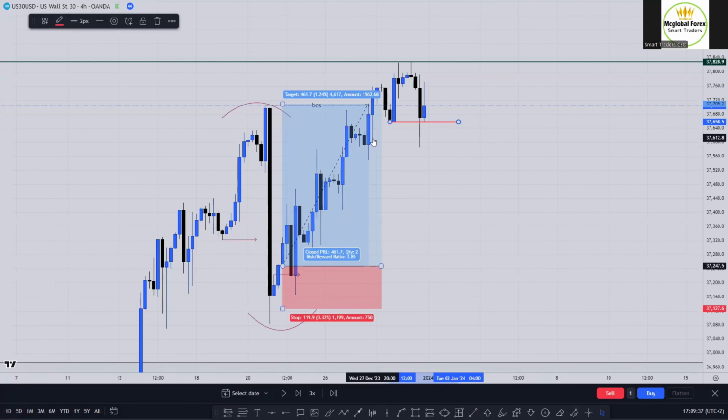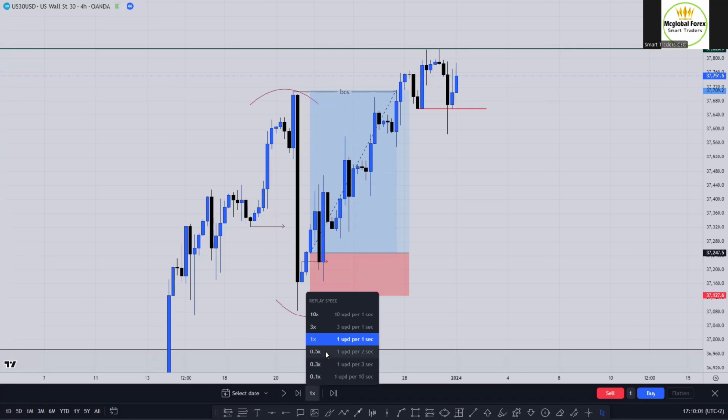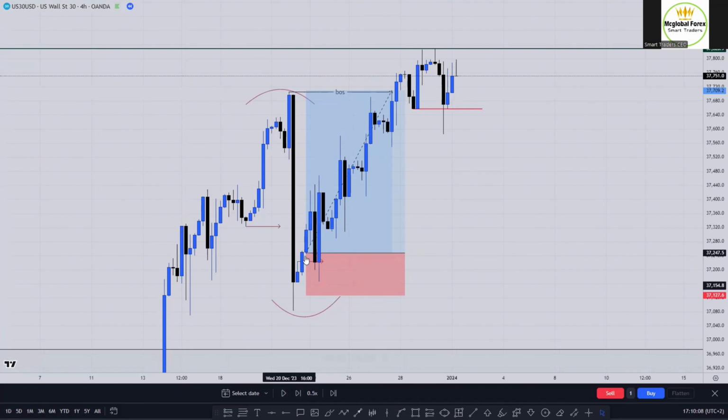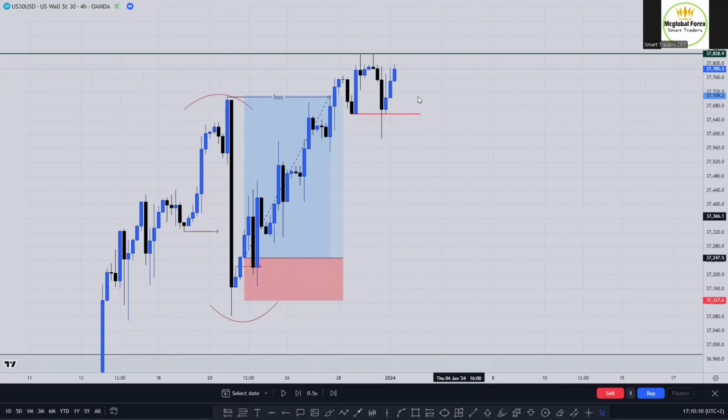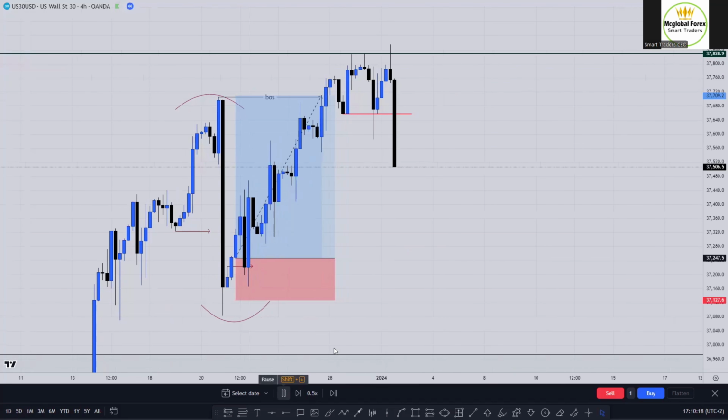So once they take it out, that's when you can now start looking for sales. Meanwhile, they could have just waited because already, remember, they have broken structure there. So what you now need at this point is for them to create a new higher high, and after the higher high is created, you now wait for the higher low.